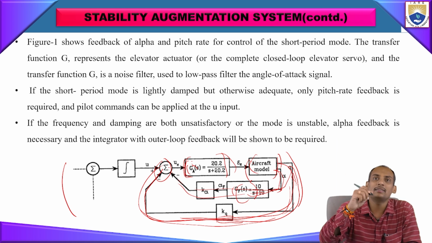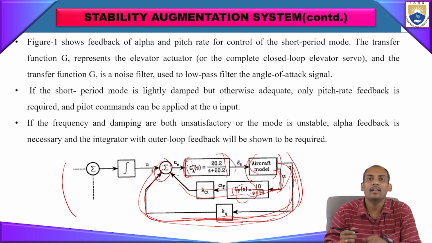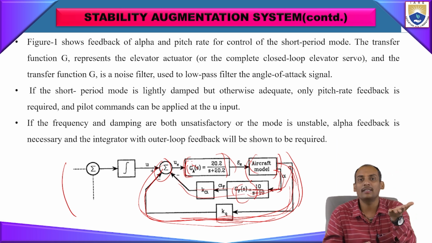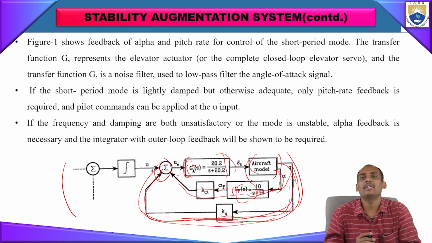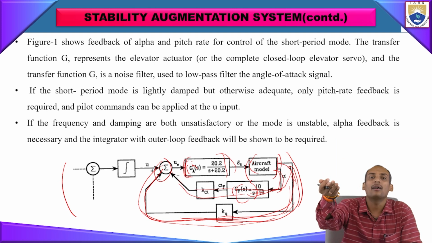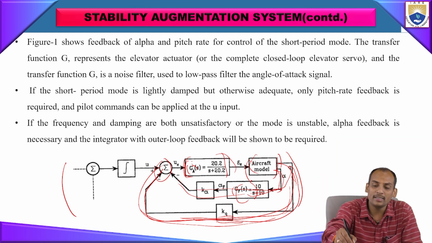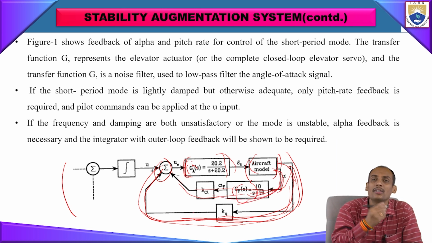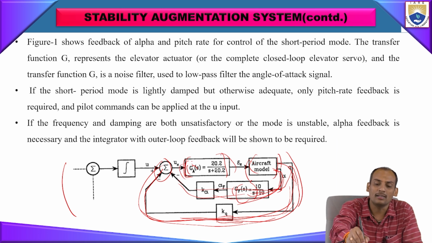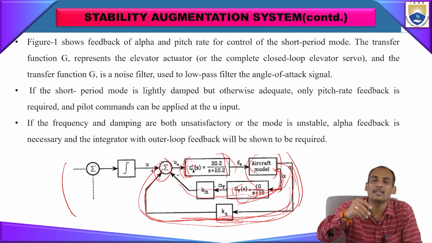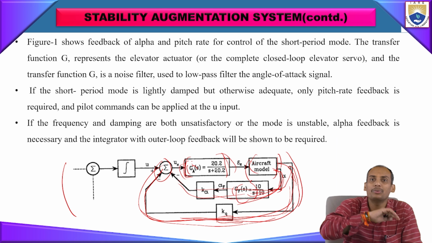But if frequency and damping are both giving unsatisfactory results, going beyond the design values, it will take the alpha feedback signal also, then it will compensate the summer signal to the transfer function, so that it will make the system stable.